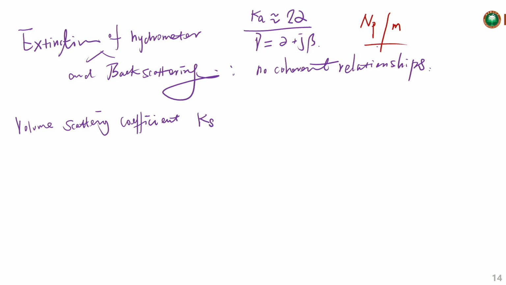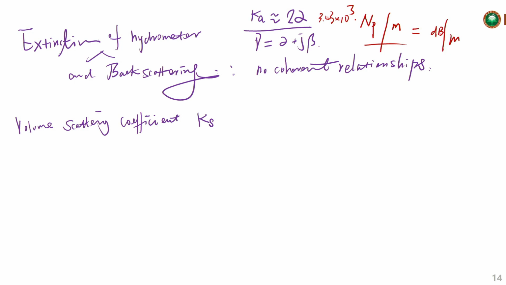All right, it's Nepers per meter. And if we want to transfer it to dB per meter, we should multiply it by how much? 4.343. All right, so that is the transfer of the units.